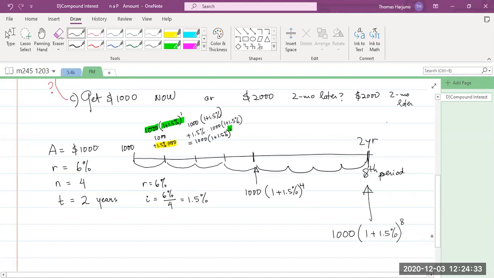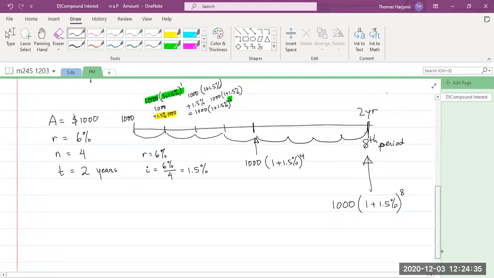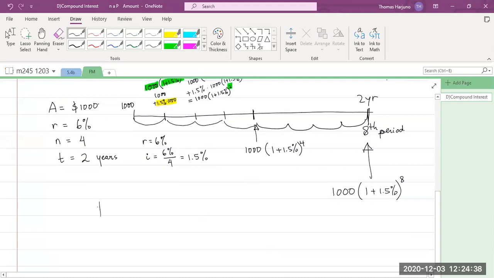Okay, now let's see the general formula. You can use a calculator from there, but the general formula basically is the following. The money you have, let me call that PT, the money you have after T years is equal to the original investment times 1 plus the periodical interest, which is the annual interest divided by the number of compounding per year, to the power of how many times you jump.